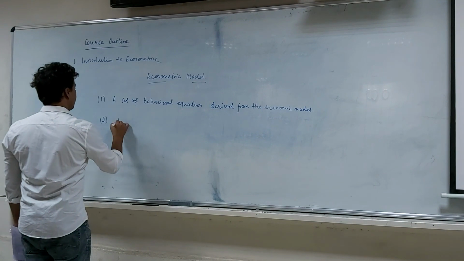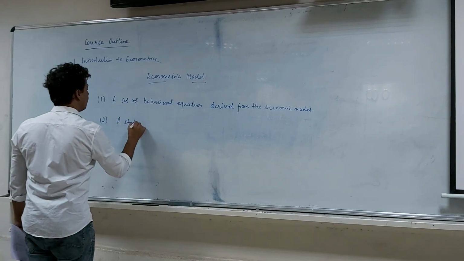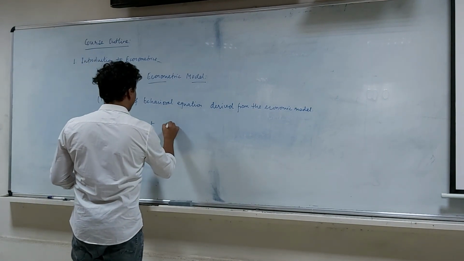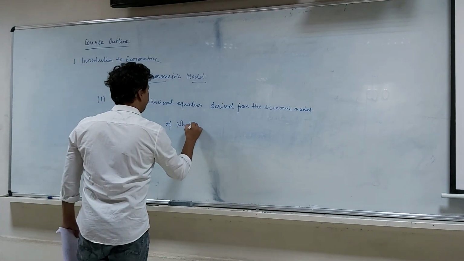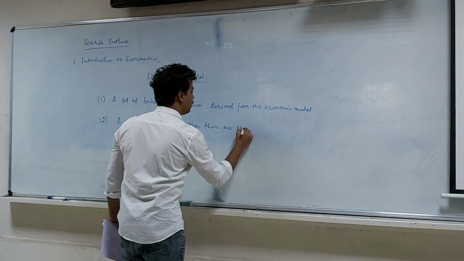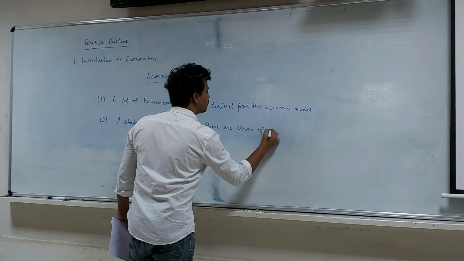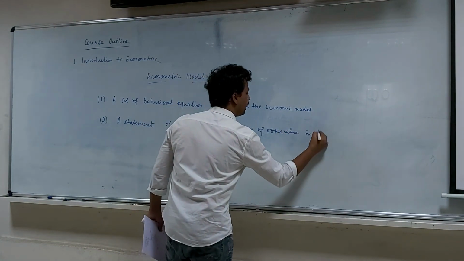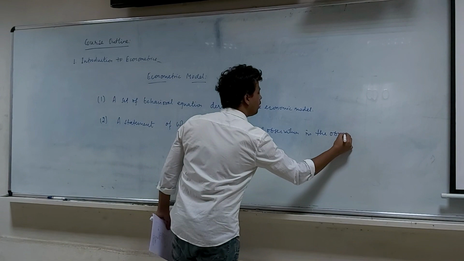Second thing, a statement of whether there are errors of observation in the observed variable.